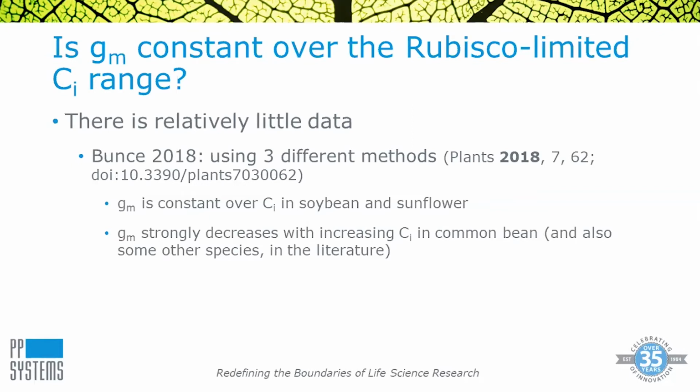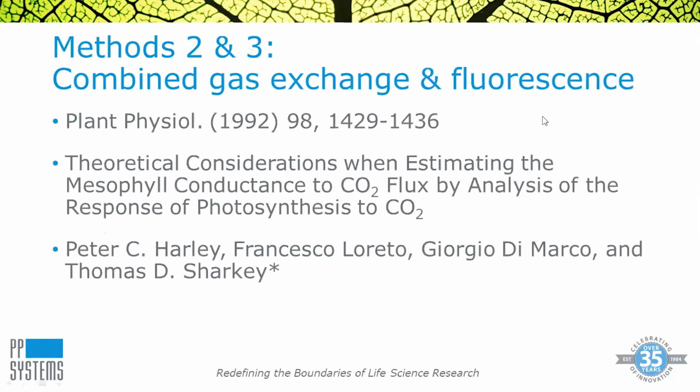But in another species, common bean, Phaseolus vulgaris, mesophyll conductance decreased strongly with increasing CI. There is a little bit of literature that says that happens in other species as well. So that's the initial slope method.